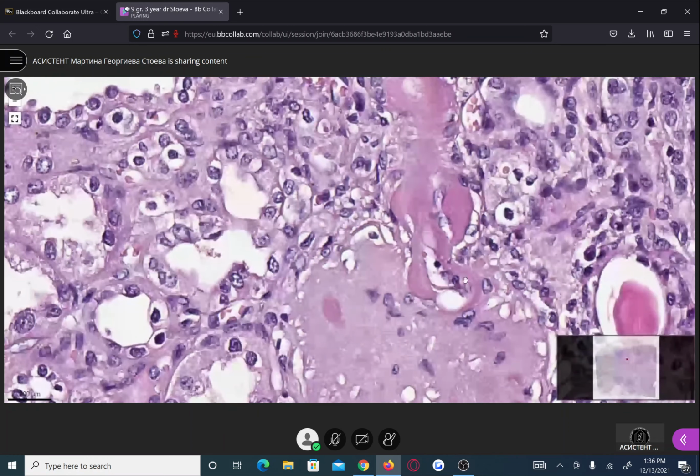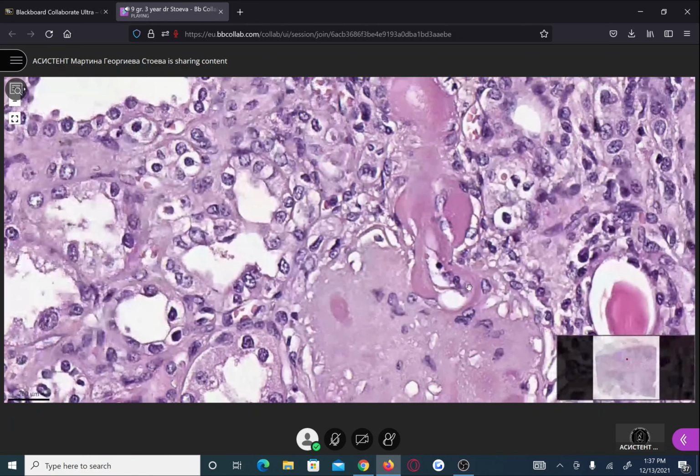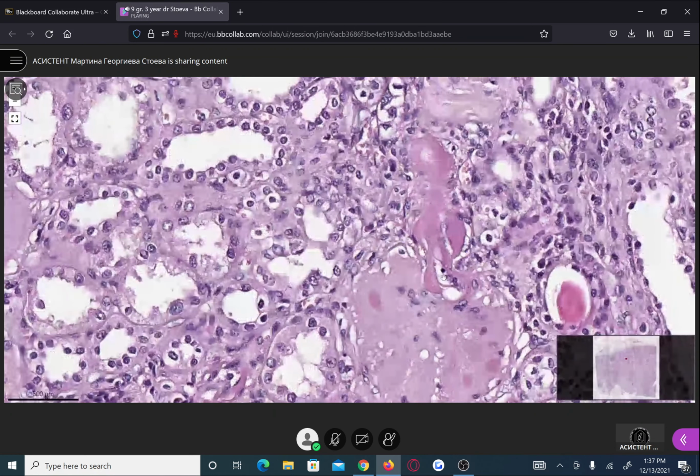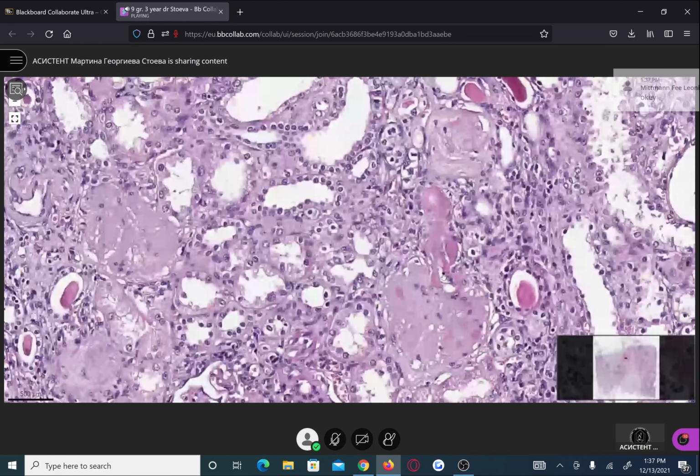It's not in the lumen. Perhaps because of the cut section, in some cases the lumen is really compressed. That's why we can't see it, but otherwise, usually hyalinization of the arterioles does not lead to complete obstruction of the lumen.